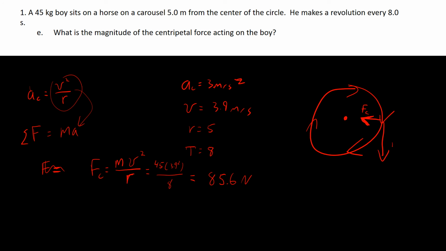This is your velocity, right? So there's your velocity, and the force is pulling you this way, which is the reason you kind of feel like you want to fly that way. That's not real, right? The feeling that you want to fly that way is not a real force. The real force is pulling you this way. What you're feeling is the fact that your body's inertia wants to keep going straight, right? And so it feels like you are being pulled to the outside of that circular ride.